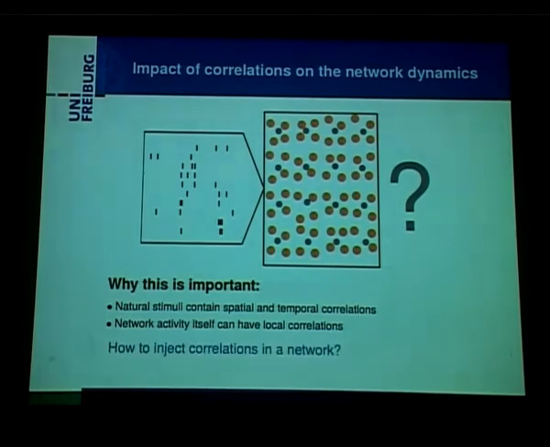The question was, how are you going to input these correlations? Who receives them? It could be that all these spikes, they go to one of the neurons and then you are done. Or it could be that each one gets its own unique spike train. That means you have lost the information that was there in terms of the relativity or in terms of correlations.